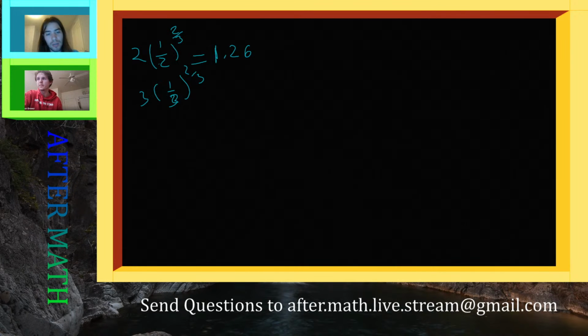It may not look like it from this, but this is going to get bigger and bigger the smaller it goes. So if you have a container that's 1/3 of the volume, 1/4 of the volume, 1/5 of the volume, it's going to get smaller and smaller.